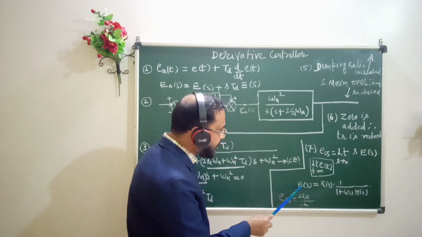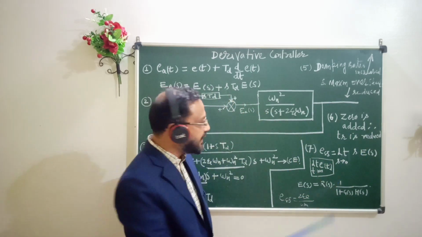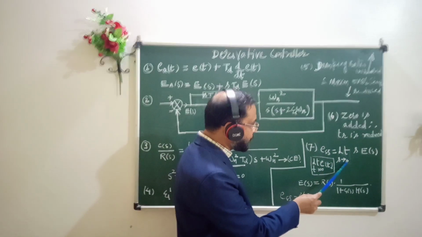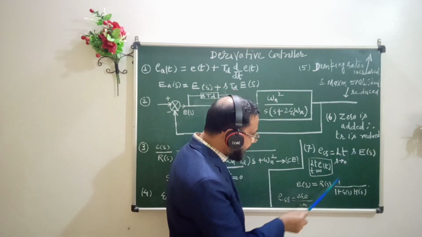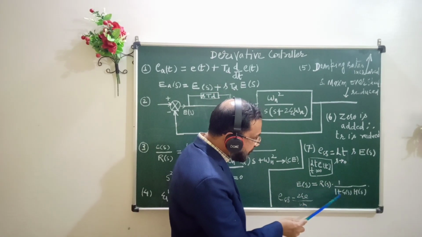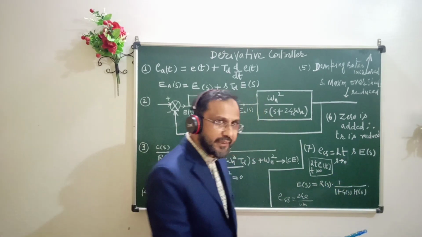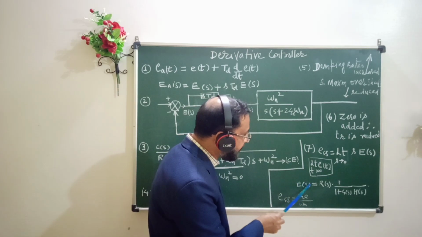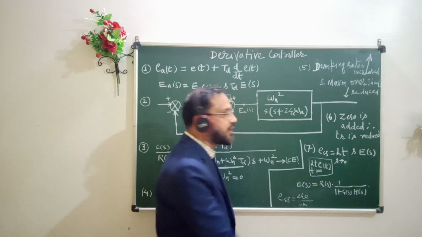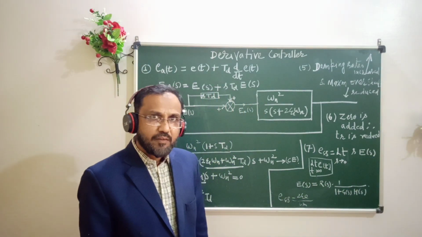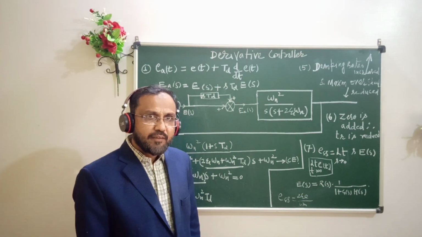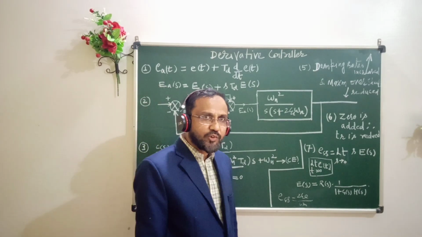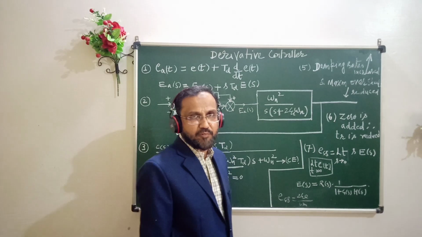Now put the value of E(s) here. It becomes limit of s tends to 0 s into R(s) upon 1 plus G(s)H(s). In short, we have to put the value of this E(s) here. Now we have to calculate the value of steady state error with derivative control and without derivative control.